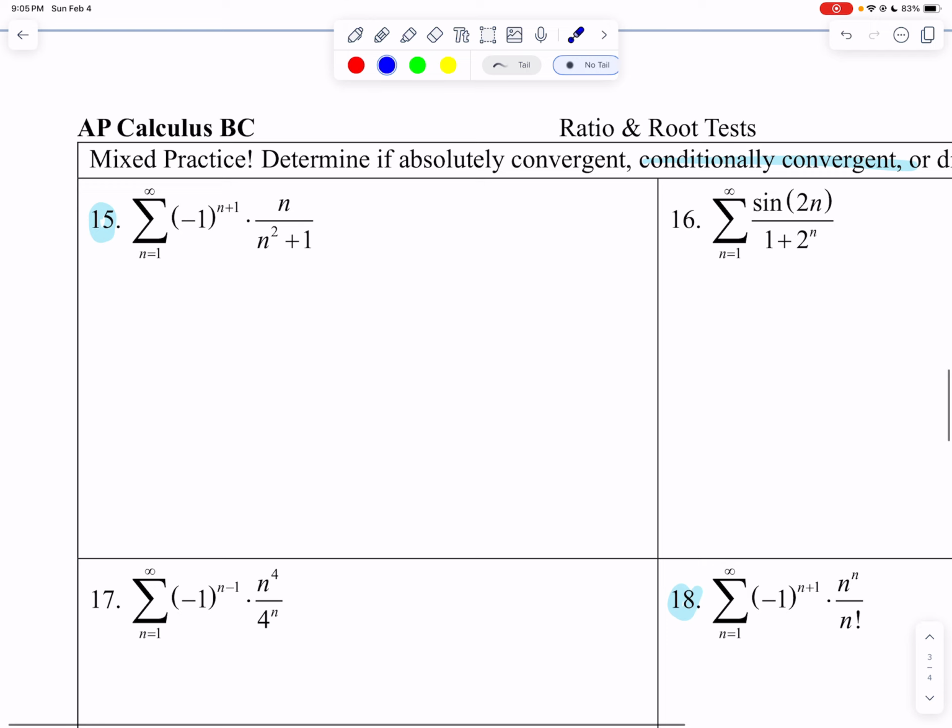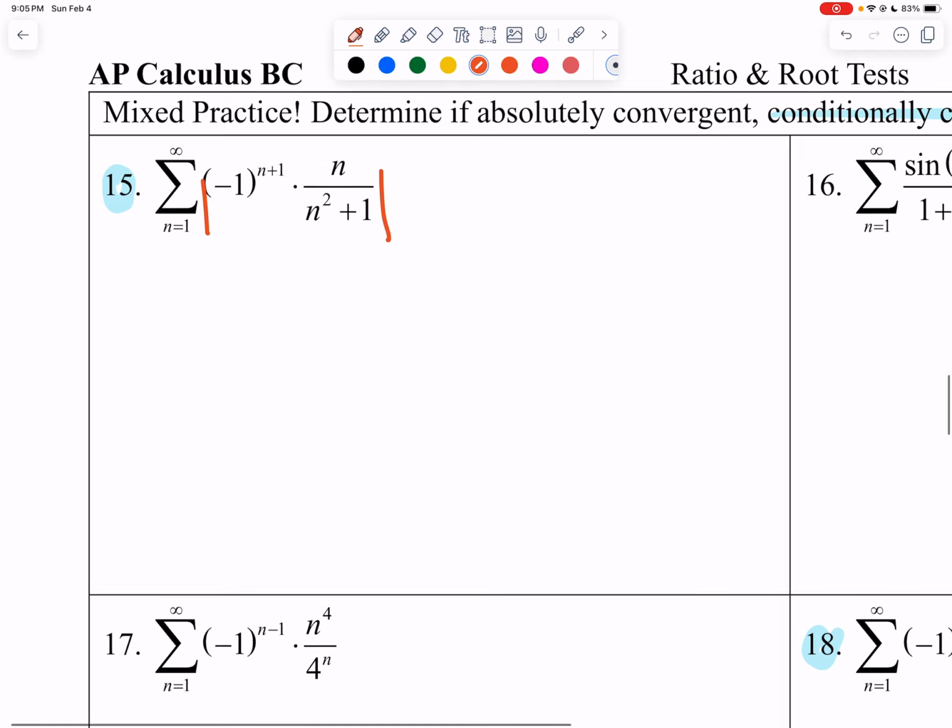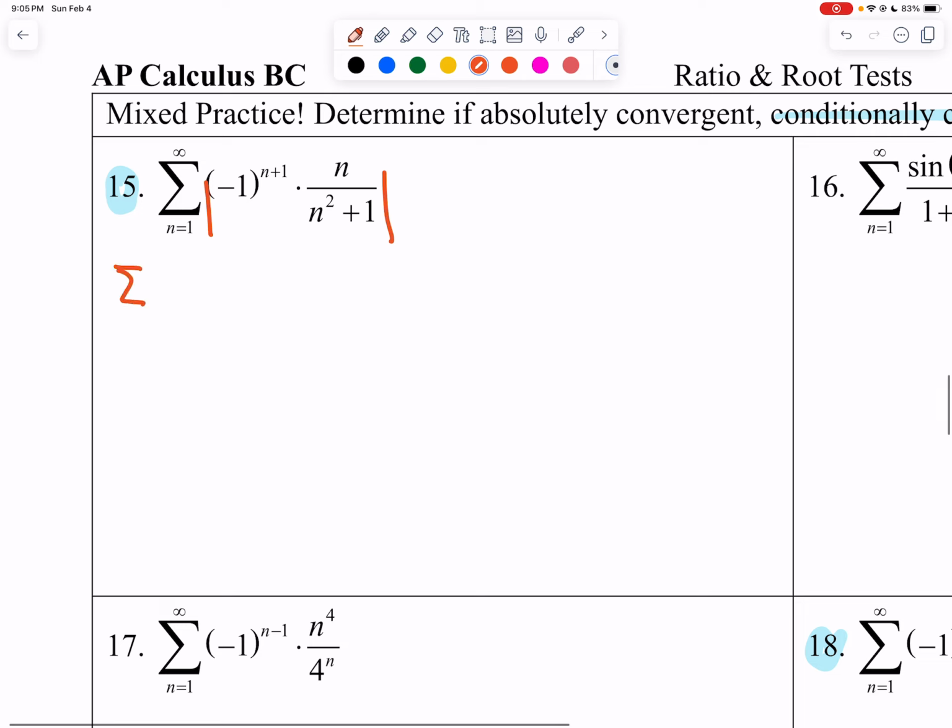All right, so for 15, I'm going to go ahead and take the absolute value of my series, and I'm going to find out if n over n squared plus 1 converges or diverges. And what I'm going to do here is think about what I could use. This isn't going to be geometric because I don't have an exponent term.